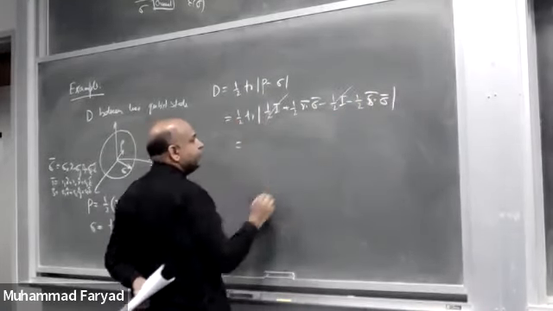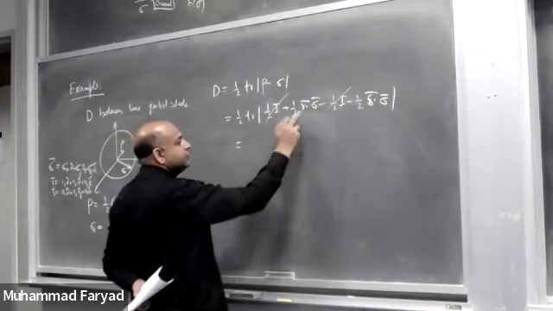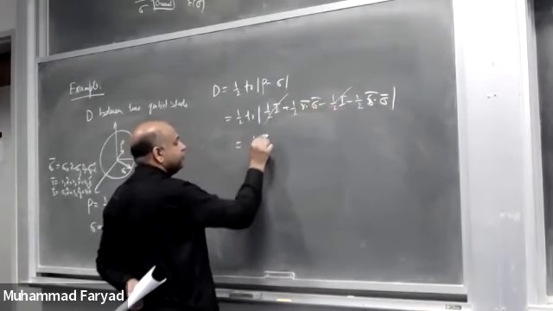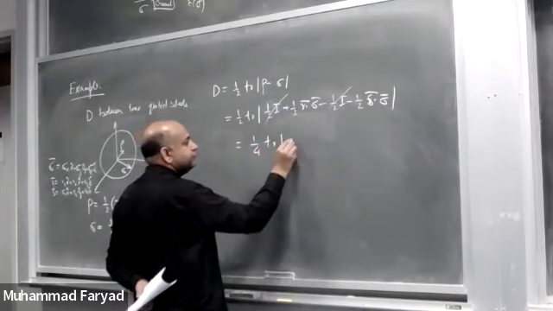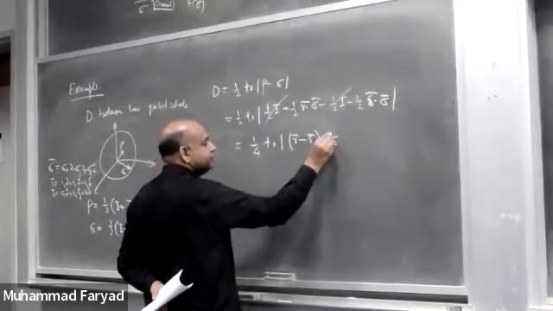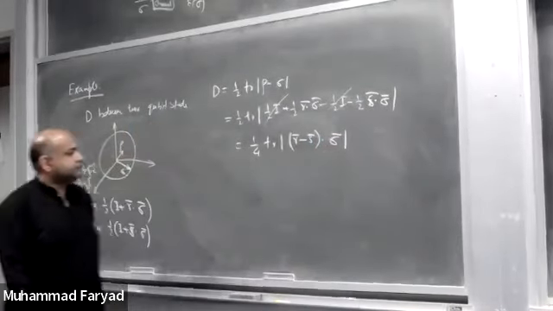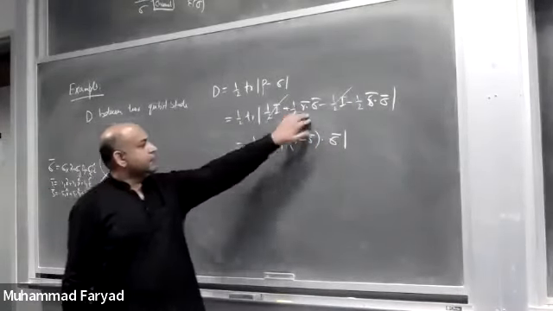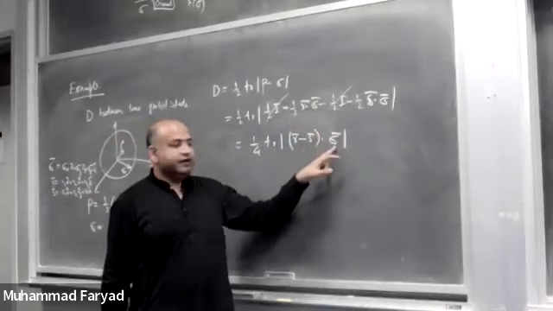So this goes away, and we have a half common. So this is 1/4 trace of R minus S dot sigma. Okay? R dot sigma, this sigma vector is the Pauli vector.